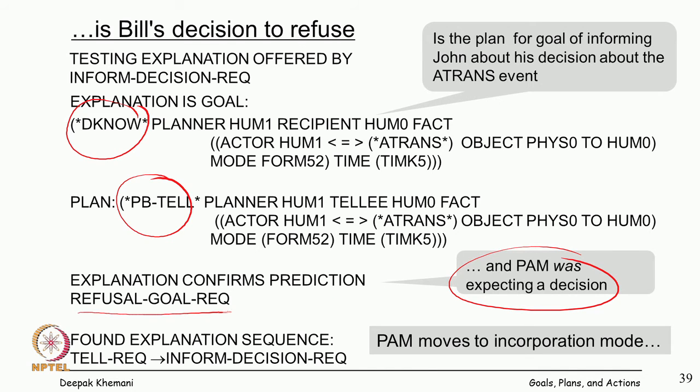So, Pam was expecting such a decision, it had this refusal goal request sitting in one of the predictions. So, it finds and accepts that, and then it goes into the incorporation mode. It says that okay, I was expecting Bill either to refuse or to comply, and he has refused, but it takes a while for Pam to make this connection between the act of saying no and the goal of refusing.